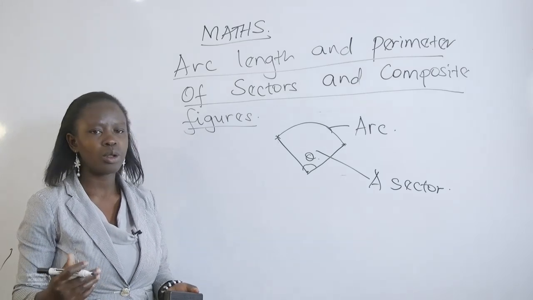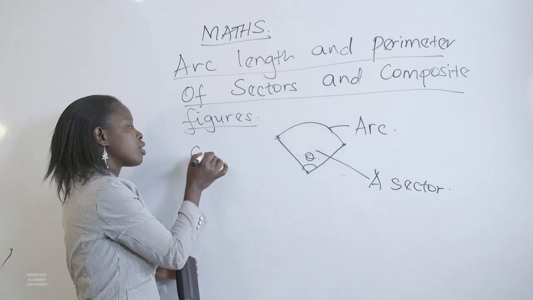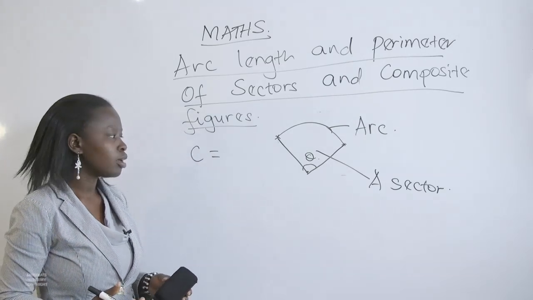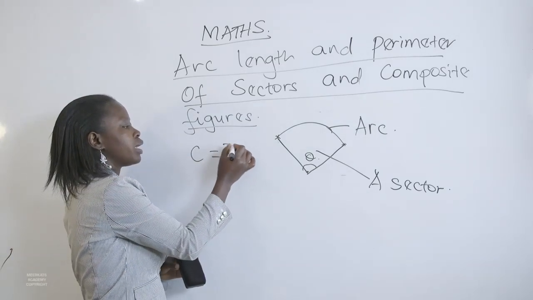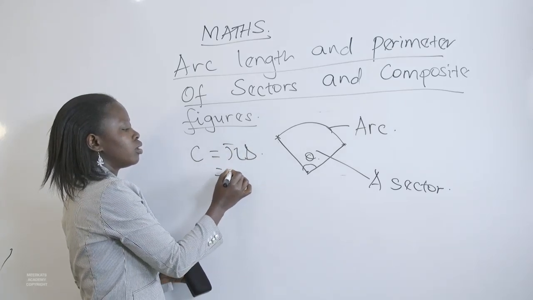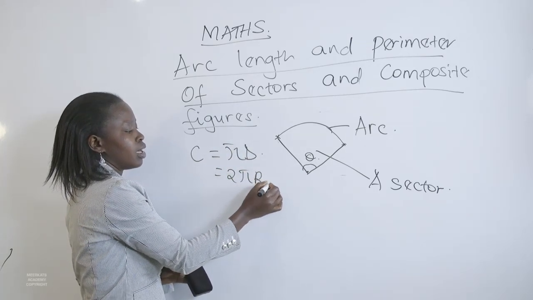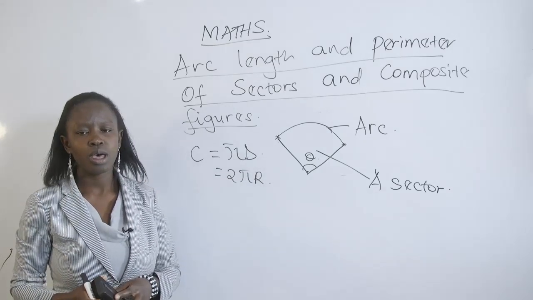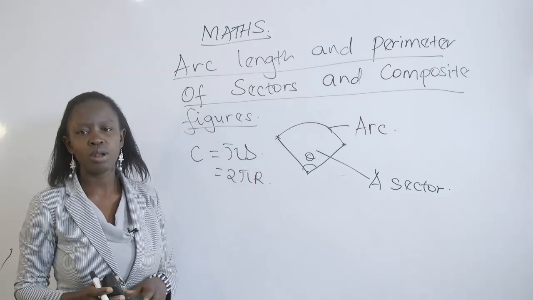So earlier on, we looked at the circumference of a circle, and we said that the circumference of a circle is simply obtained by pi d or 2 pi r. So we have the two options depending on whether you are working with the diameter or the radius.